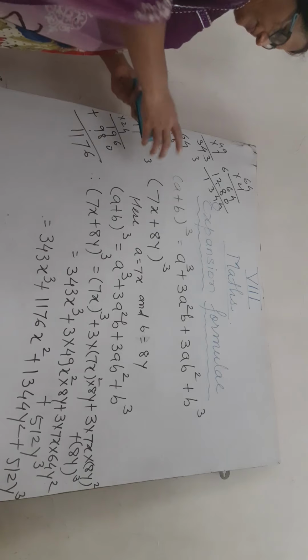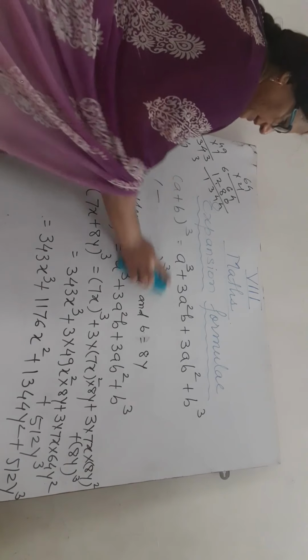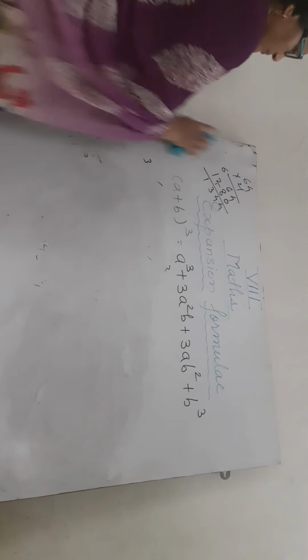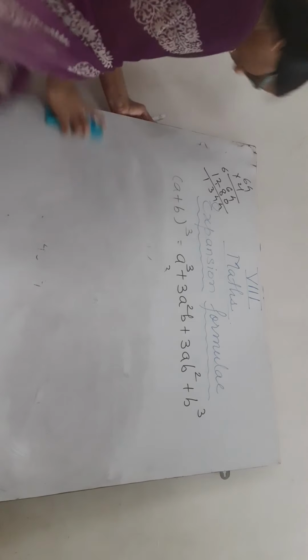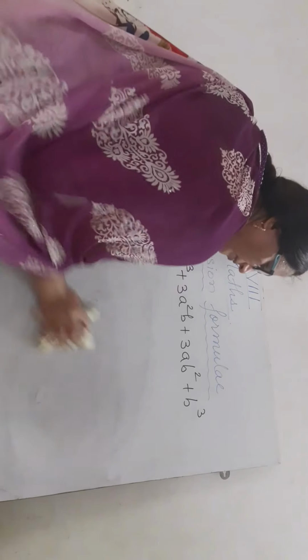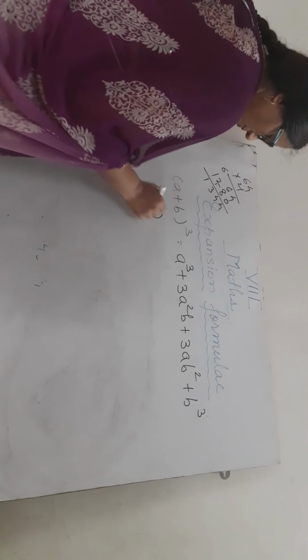One more type of example is there. Now (52) whole cube.